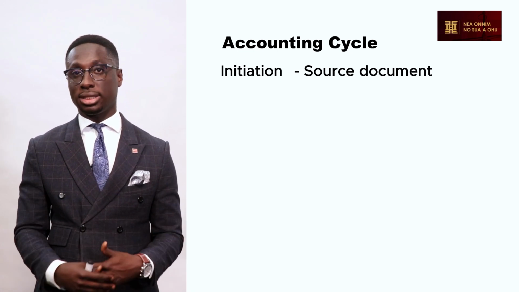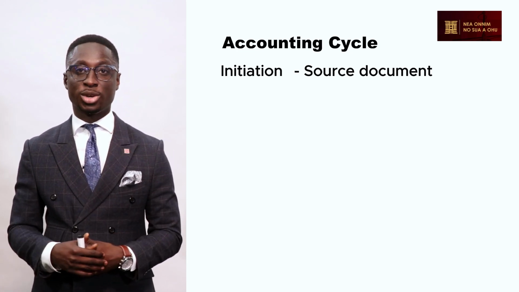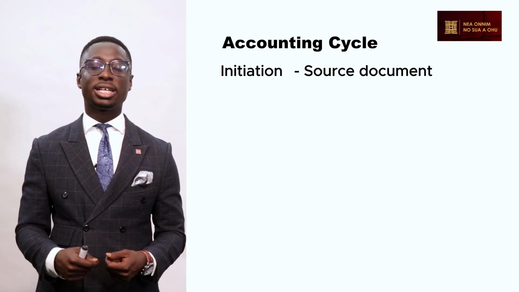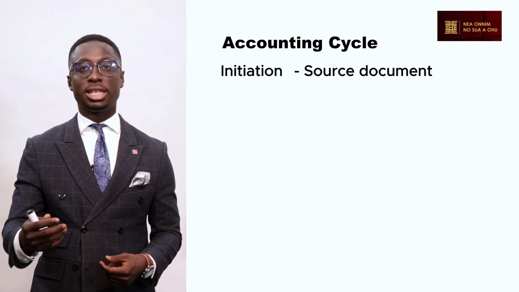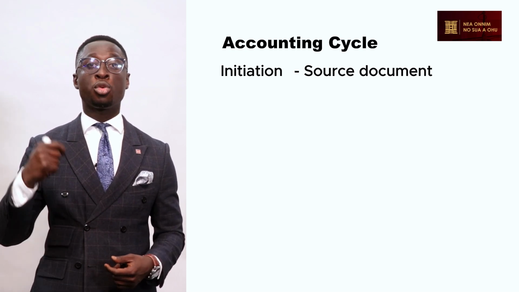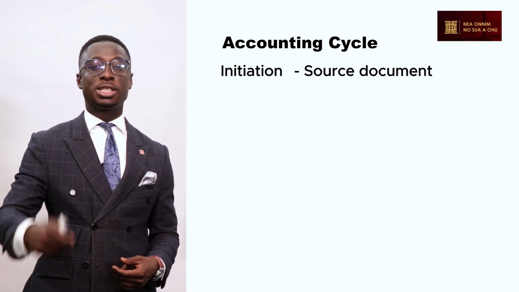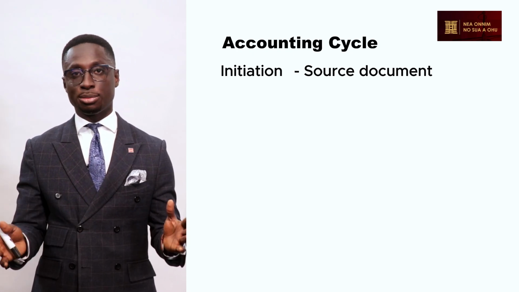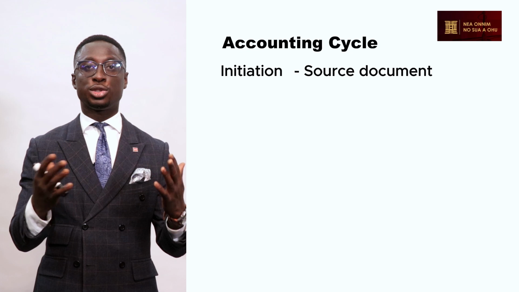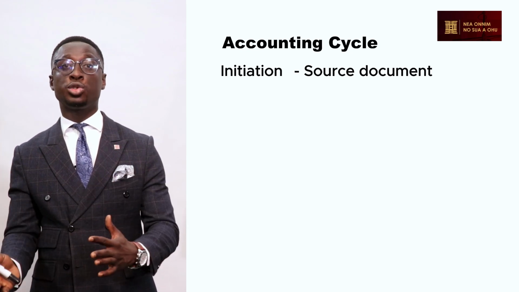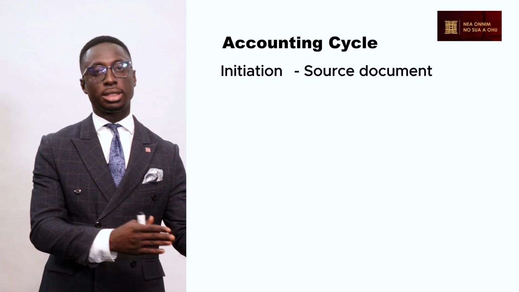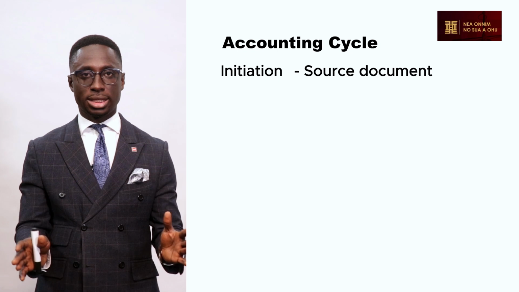As simple as that. And I'm sure by now you know what a sales order is. A sales order is one which goes out indicating that we are going to make a sale of this value to you. As simple as that. So these are source documents which are used to initiate a financial transaction. I hope that is clear.